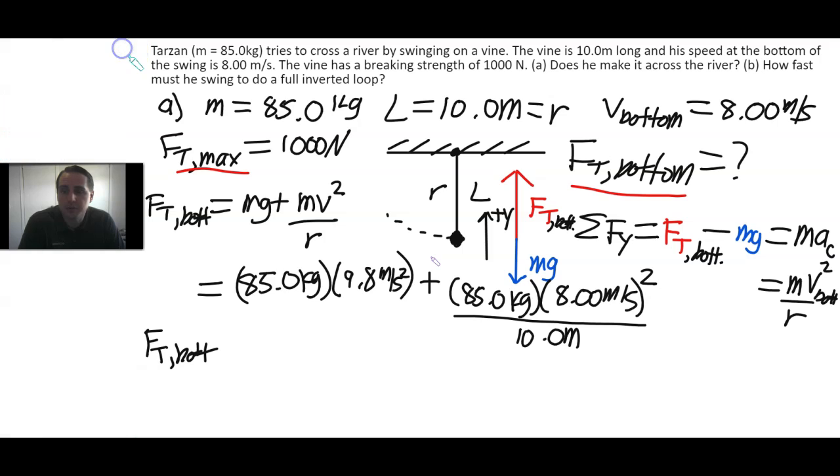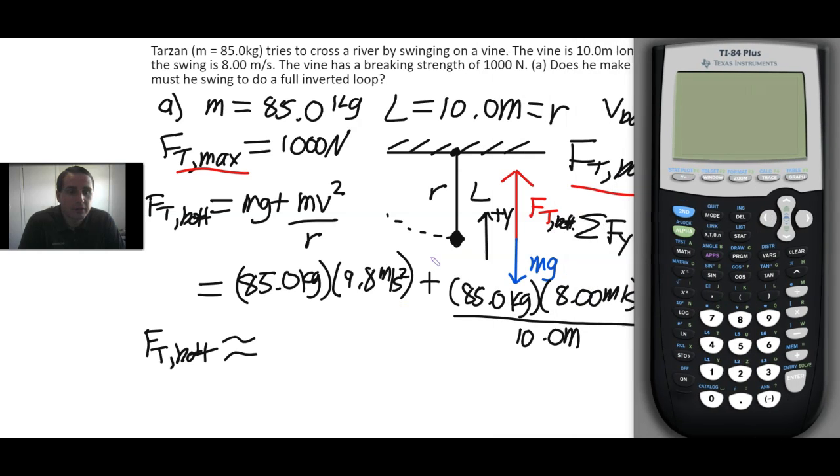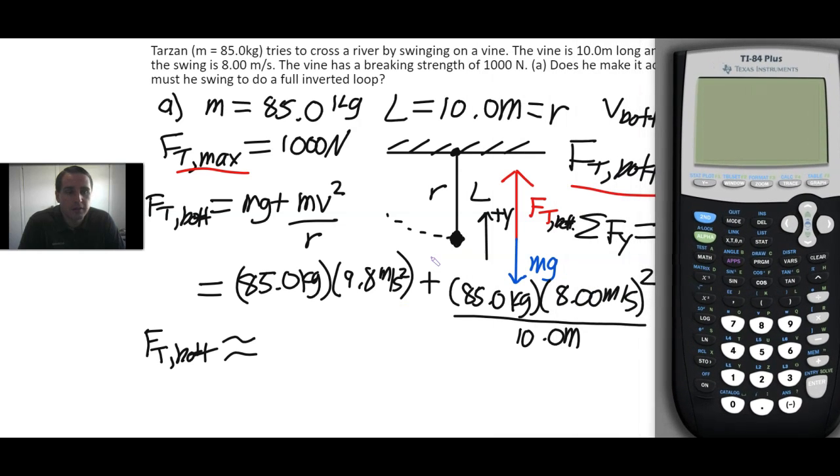Let's move this away to not distract us, and let's get the calculator out. I'll be using a fraction stack.